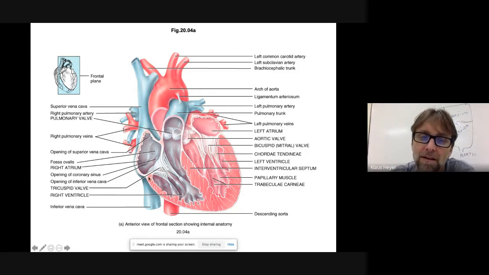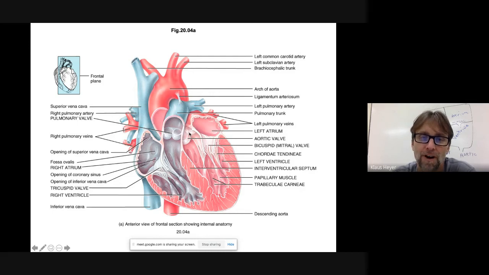So you've got your 2 AV valves, and then up here, this is where I drew it way different. Here are your 2 semilunar valves. Here's your pulmonary valve. The blood comes in here, swings around and does a U-turn, and then goes out the pulmonary valve.